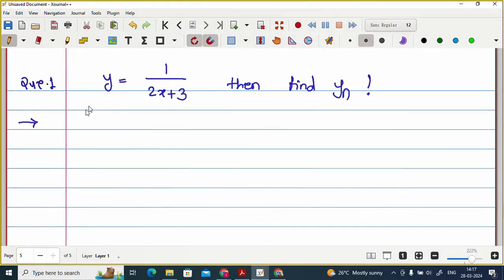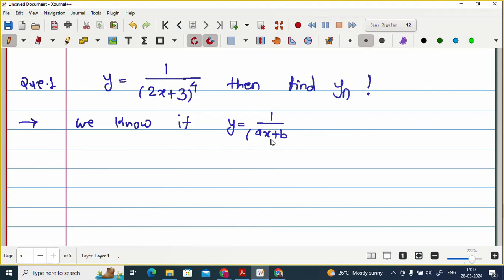We know if y is of this type, 1 upon ax plus b, or let me write it in general form. Suppose instead of 2x plus 3 I have (2x plus 3) raised to, suppose, 4.